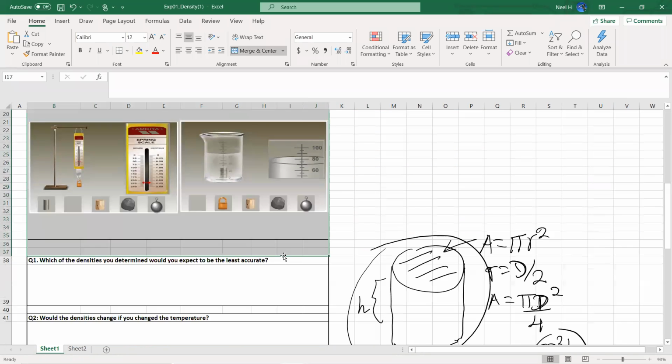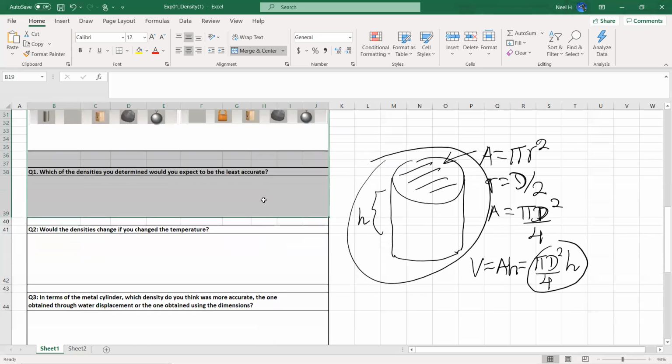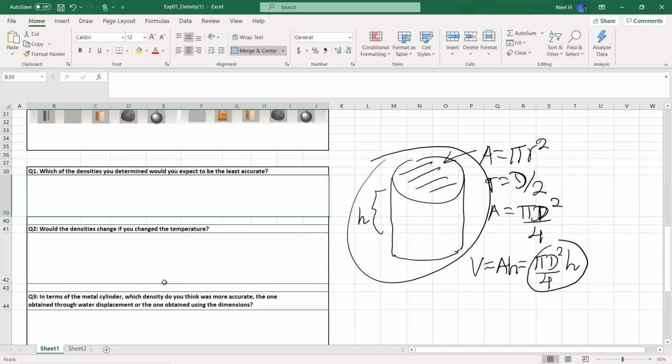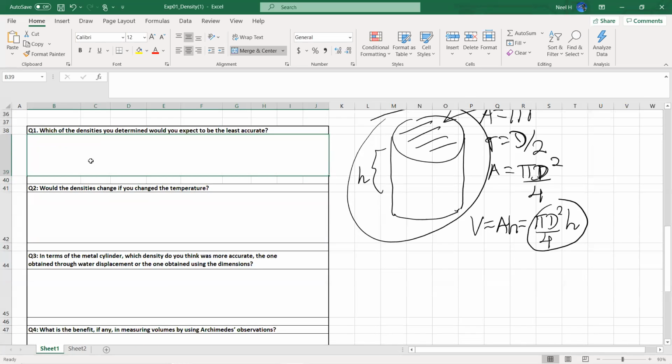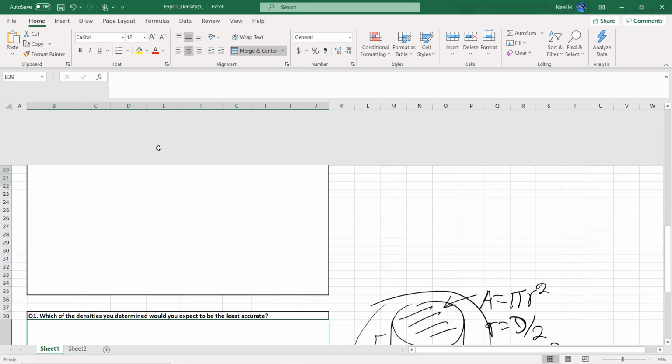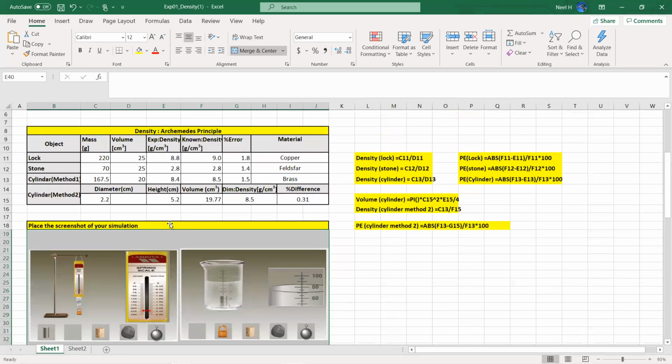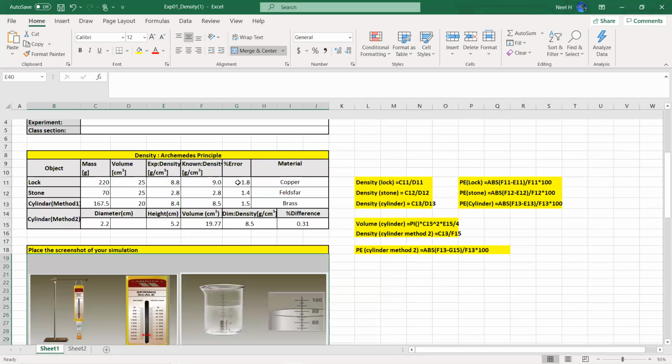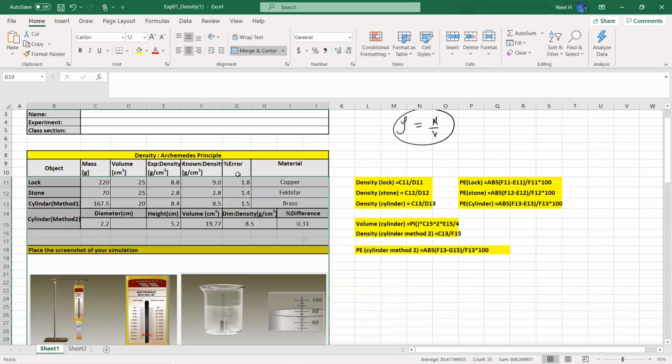Okay, then let's take a look at what kind of answers we are expecting for these 4 questions. The first one asks which of the densities you determined to be the least accurate, that means which has the highest error, right? To understand that, all you have to do is check the percentage error.